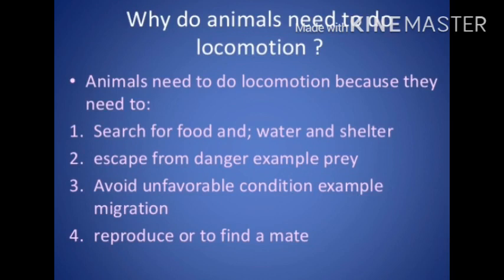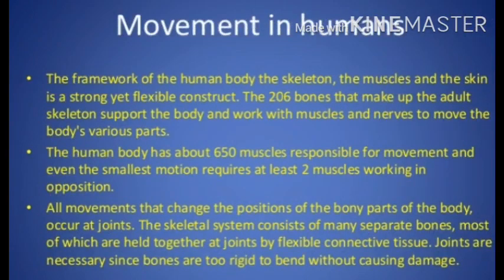They also avoid unfavorable conditions, for example migration. When there is very cold weather, some birds, like the Siberian crane, migrate to a warmer place. Then to reproduce or find a mate. When they want to reproduce, they have to move to another place in search of their partners.